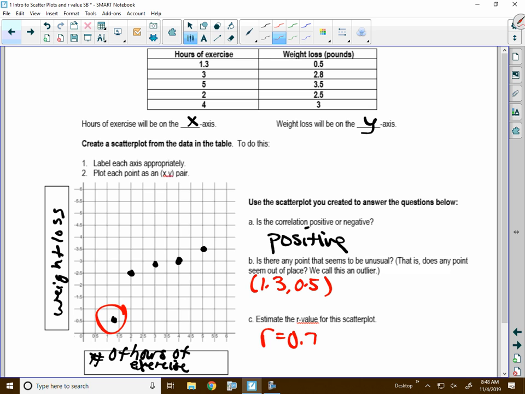But story says if somebody's not. No, those are the lines to the graph. I think I'm so good.